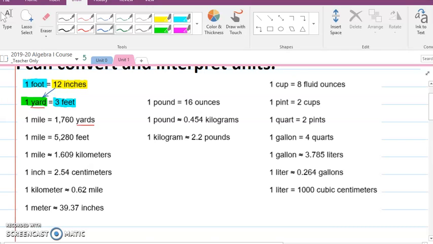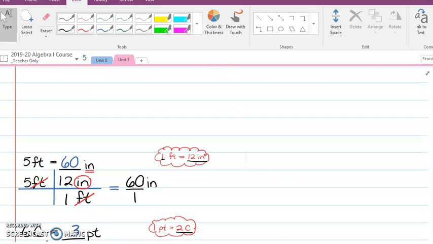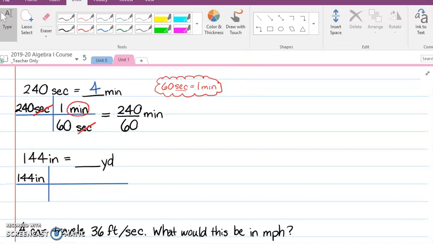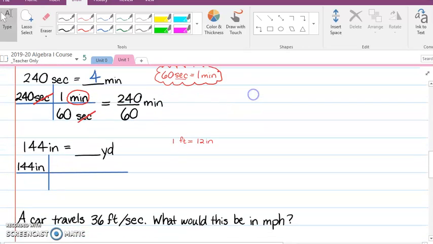I just need to use both of them. I need to use the fact that 1 foot is 12 inches and 1 yard is 3 feet. I'm going to jot those both down here. 1 foot is 12 inches. And the other factor, 1 yard, is 3 feet.